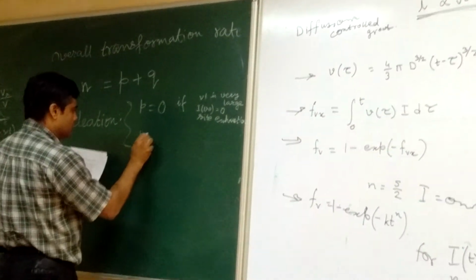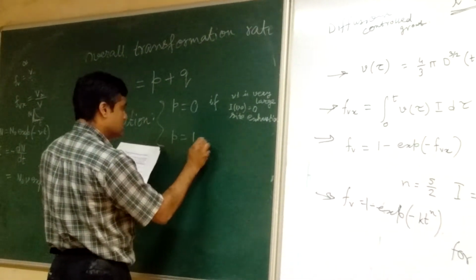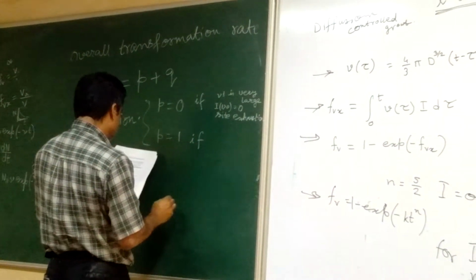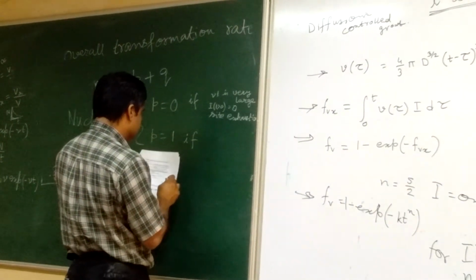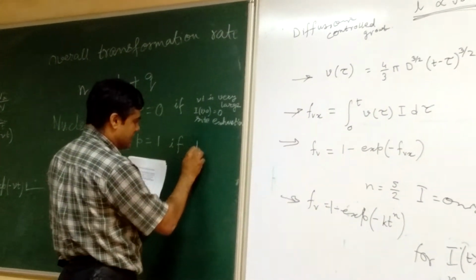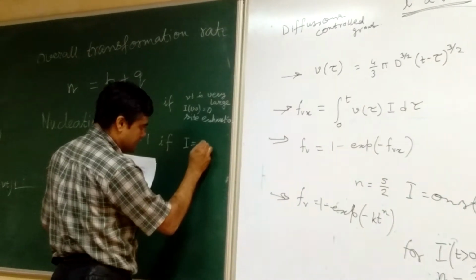P equals 1 if the nucleation rate is constant, if nucleation events continue at a constant rate, that is, I equals constant.